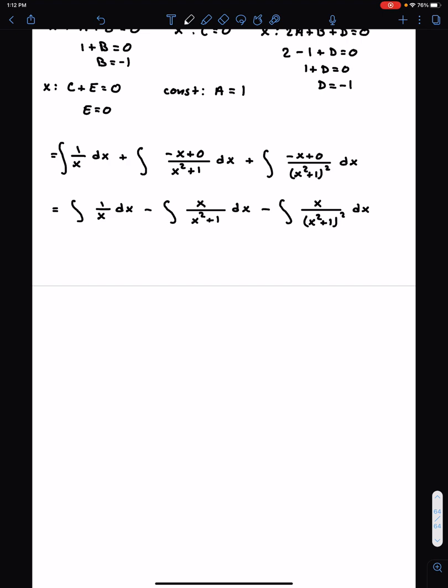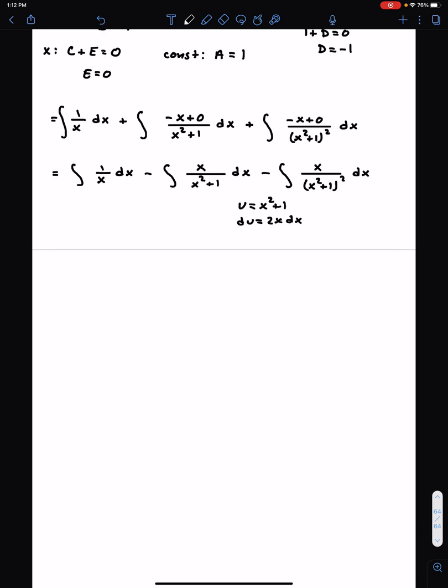First one is a natural log. The next integral and the last integral are both u substitutions. So if u is x squared plus 1, du is 2x dx. So x dx is 1/2 du.